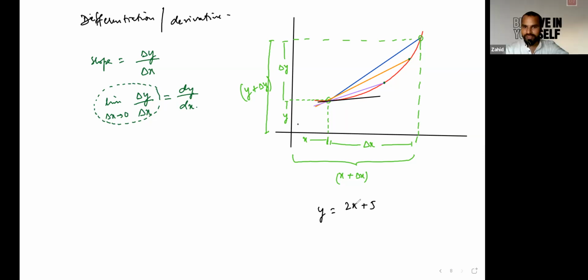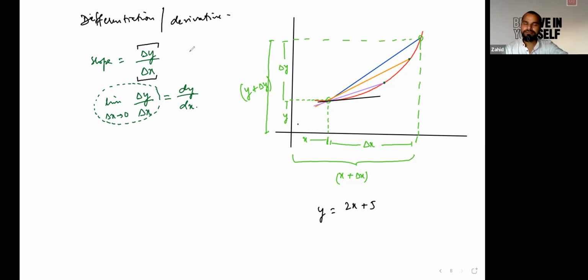If we change the value of x, the corresponding value of y changes. So we define this as the ratio of change in variable y with respect to change in variable x, such that the change of x is very small, or infinitely small.